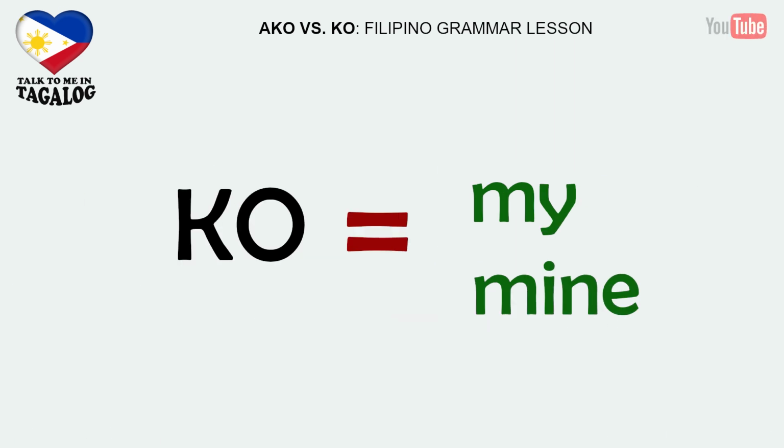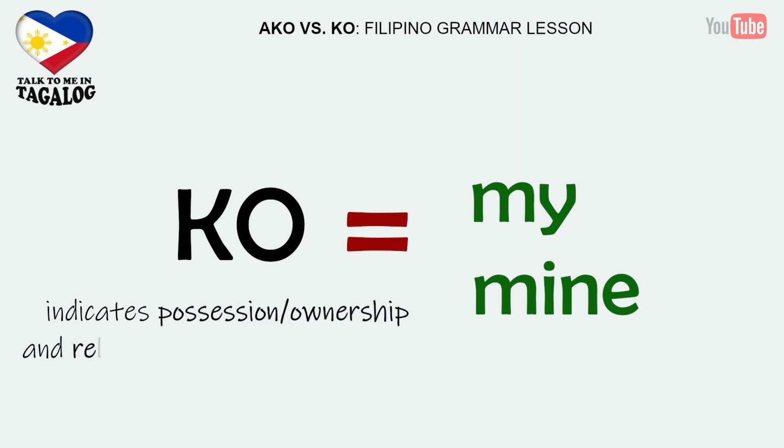Let's now study how and when to use the Tagalog pronoun ko. First of all, the direct translation of ko in English is either my or mine. Ko indicates someone's possession or ownership of something, or his or her relationship with other people.